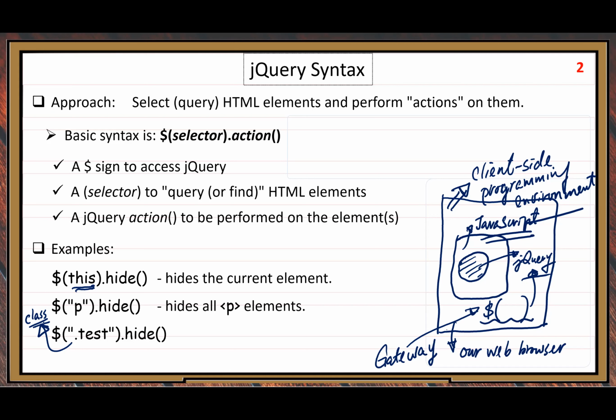Here we want to select all the elements with this class applied, then hide them. Class equals double quotes test, the class name. That's the third case.